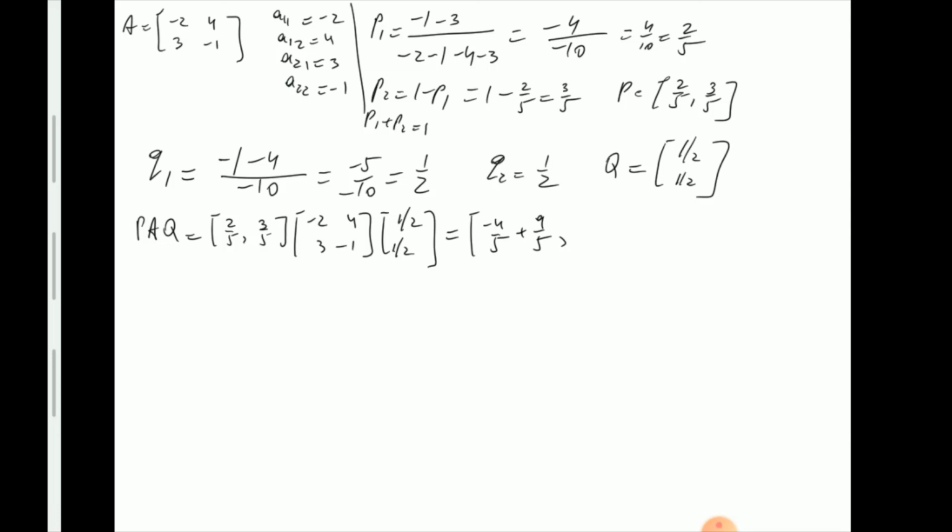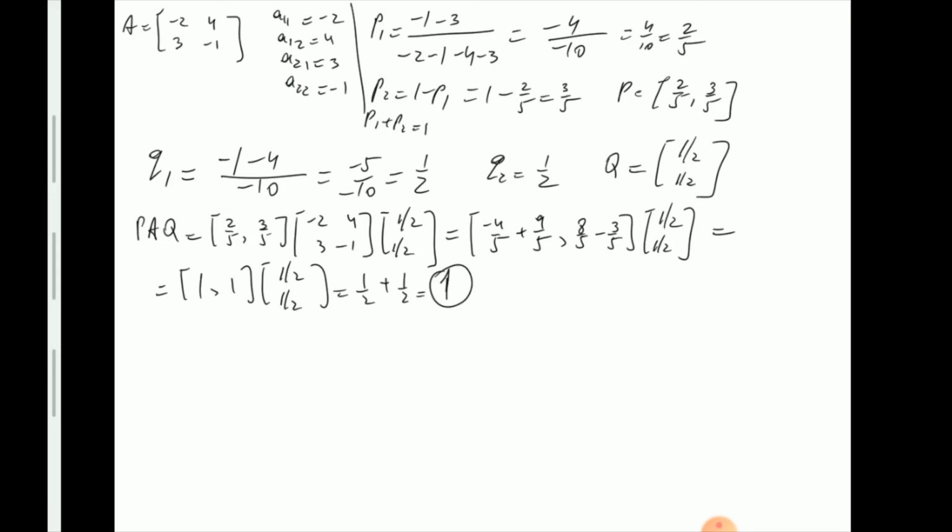The second is 2/5 times 4, that's 8/5, minus 3/5. So 9 minus 4 is 5/5, which is 1. So we have 1, 1 times 1/2, 1/2. So 1 times 1/2 plus 1 times 1/2 equals 1. So the value of the game at the optimal strategy is equal to 1.